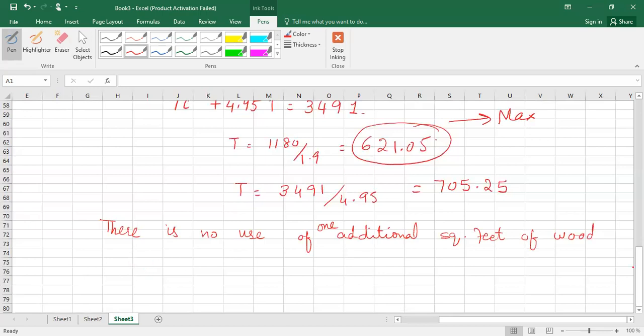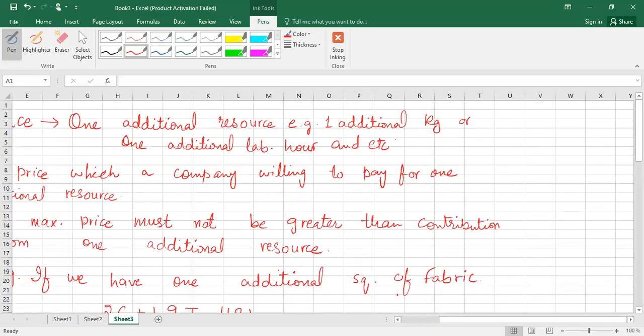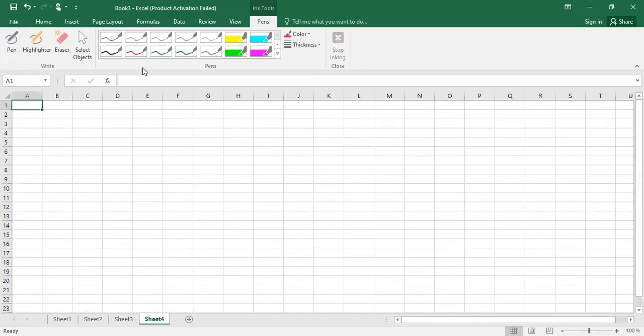So this is the concept of the shadow price. Any question related to shadow price? Okay. Next we will do the next concept, which is called slack.